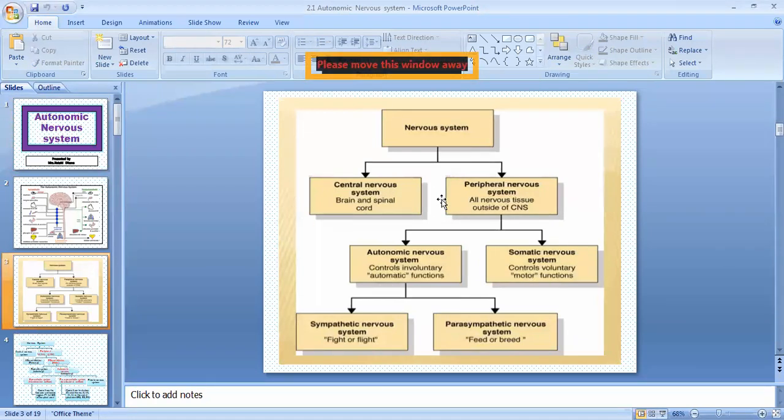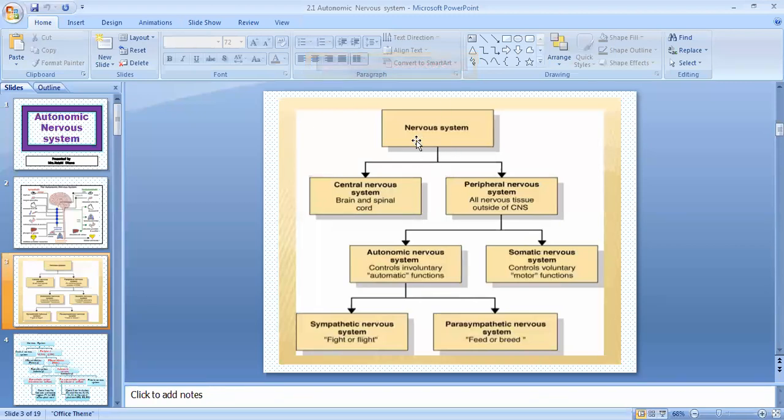The nervous system is the actual signal carrying system which gives the response to whatever process takes place in our body. So what is the nervous system?